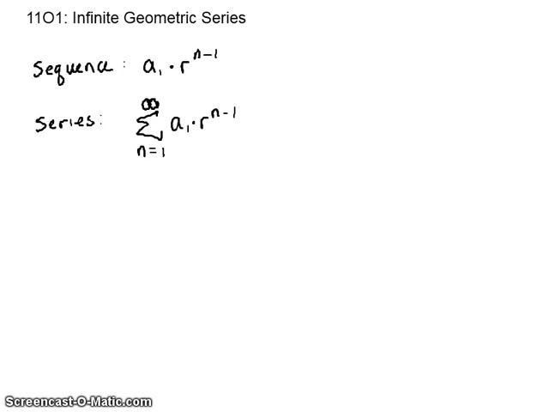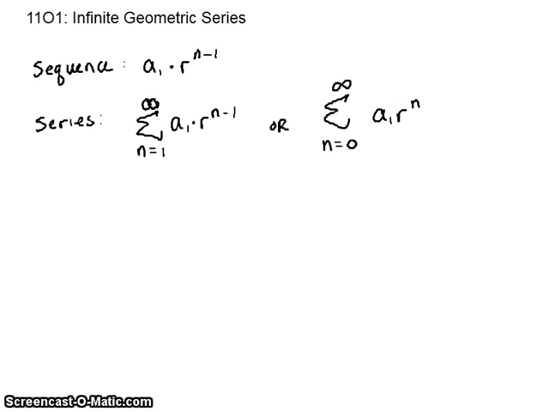This is one way an infinite series can look. Another way would be the sum from n equals 0 to infinity of a1 times r to the n, instead of the n minus 1. Those are the two forms that we're going to look for in infinite geometric series.